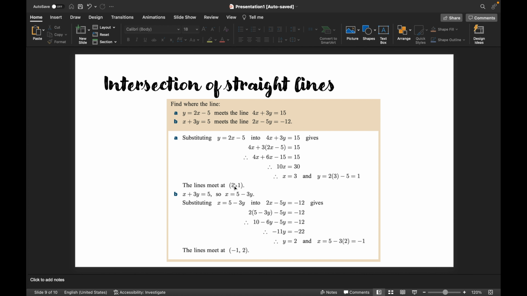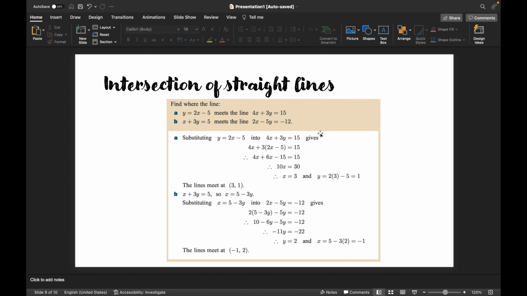So let's just look at the worked example. They have this one and this one. They're going to substitute this, or what you can do is make y the subject of this and then equate y and y. Or you could just substitute this into this. Either way, you're going to get the same answer.